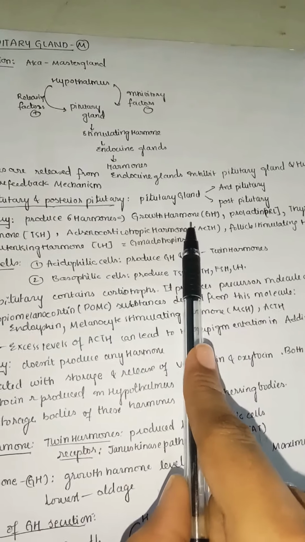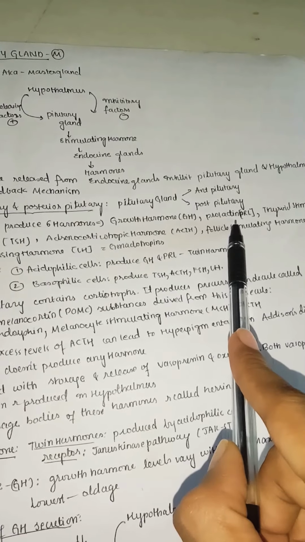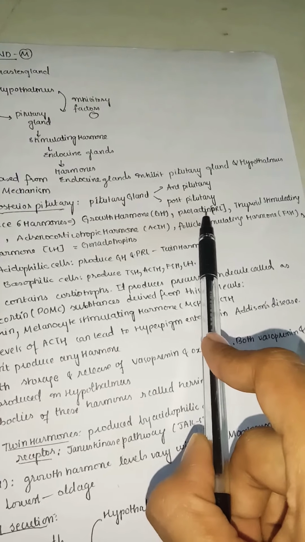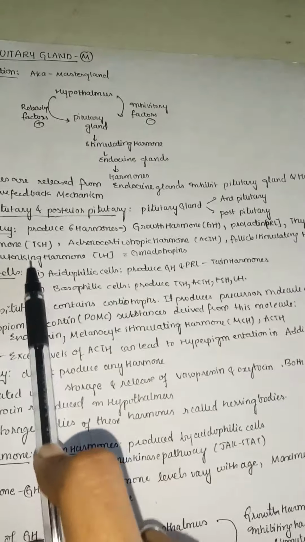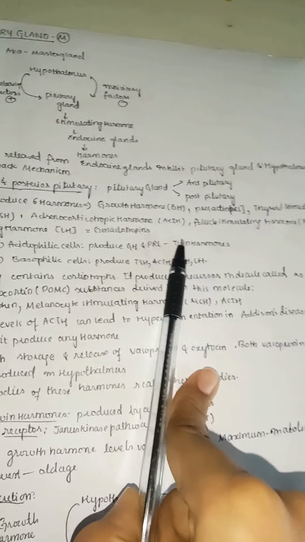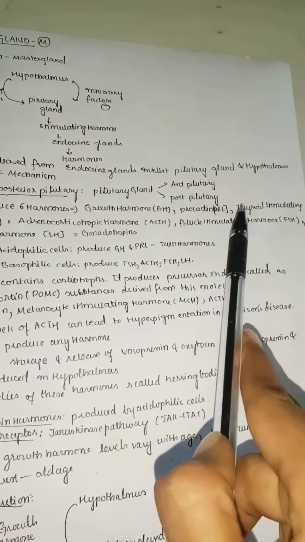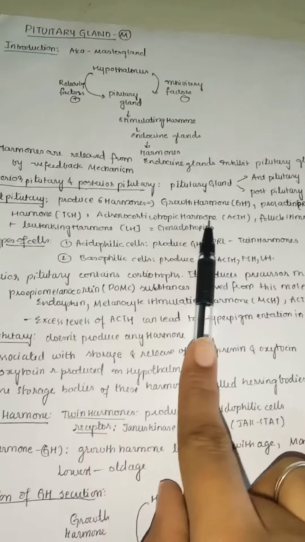The first is growth hormone, which is useful for growth of an organism, and prolactin, which is useful for production of milk from the breast during pregnancy and lactation. Then thyroid stimulating hormone, which mainly produces T3 and T4, and adrenocorticotropic hormone, and we have follicle stimulating hormone and luteinizing hormone. These are useful for reproduction. Follicle stimulating hormone and luteinizing hormone together are also called gonadotropins.